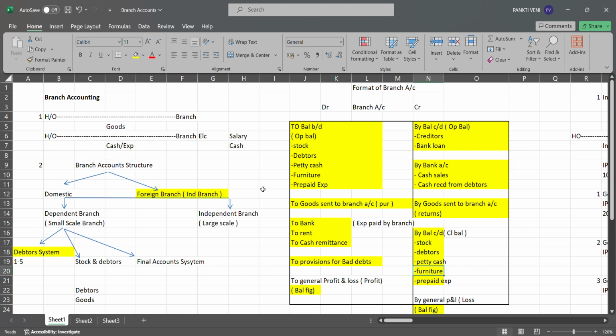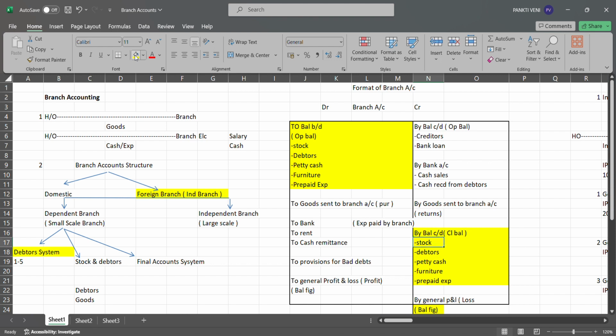See, this is my opening here. Whatever you have for opening, the same thing you will have for closing: stock, debtors, petty cash, furniture, prepaid expenses.